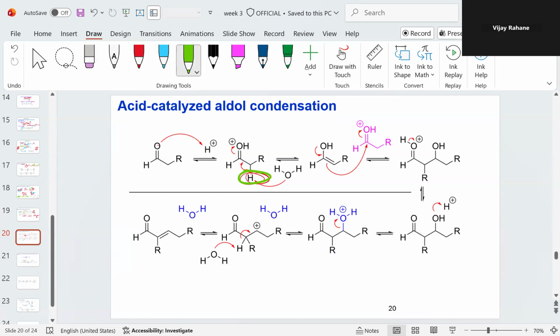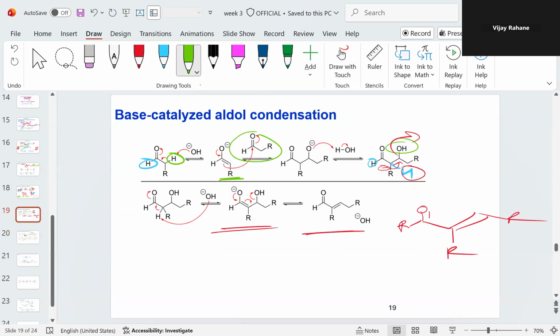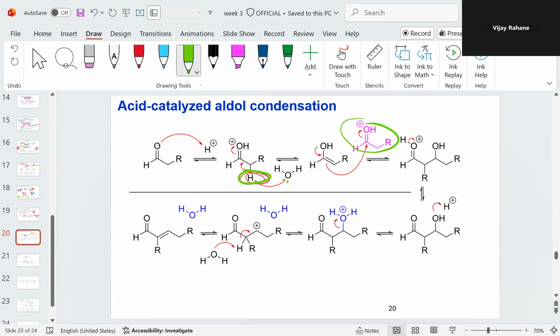This proton is abstracted by the solvent, and it forms such a type of enol, which further attacks another molecule, and the reaction goes further in a similar manner. So you can note down this acid catalyzed aldol condensation as well as the base catalyzed aldol condensation reaction.